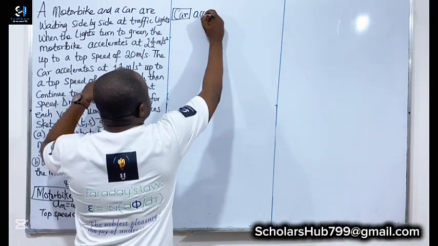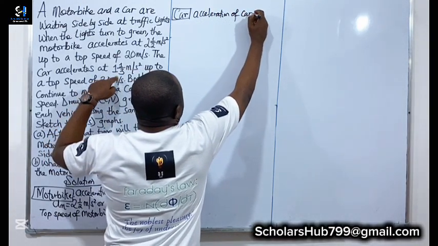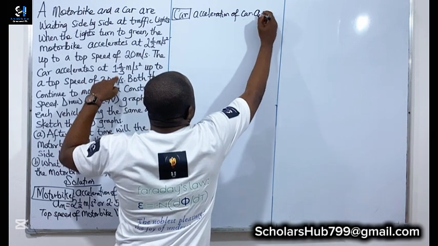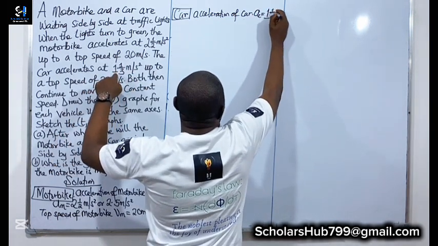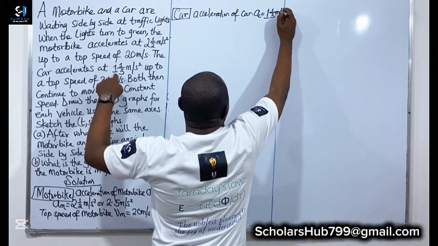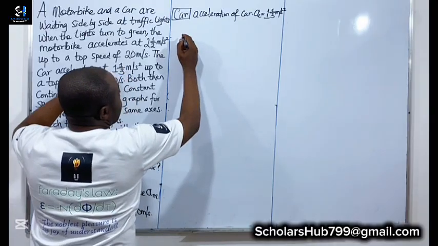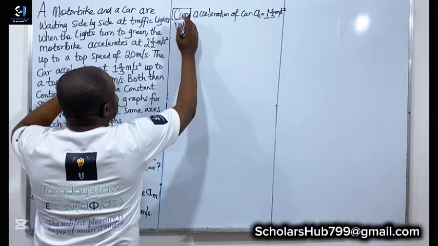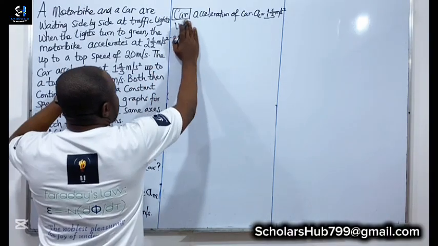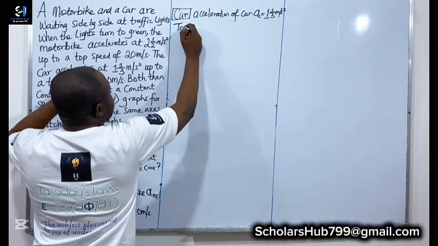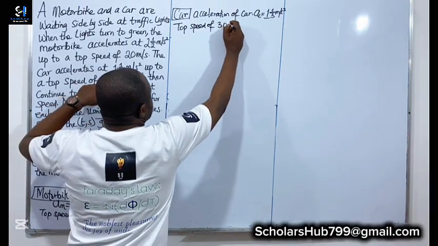So the acceleration of the car, which is AC, is 1/3 meters per second squared. Then we also have that it goes up to a top speed of 30 meters per second.